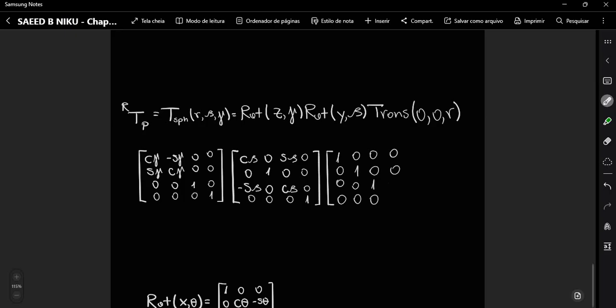And right here for Z, we have our translation.